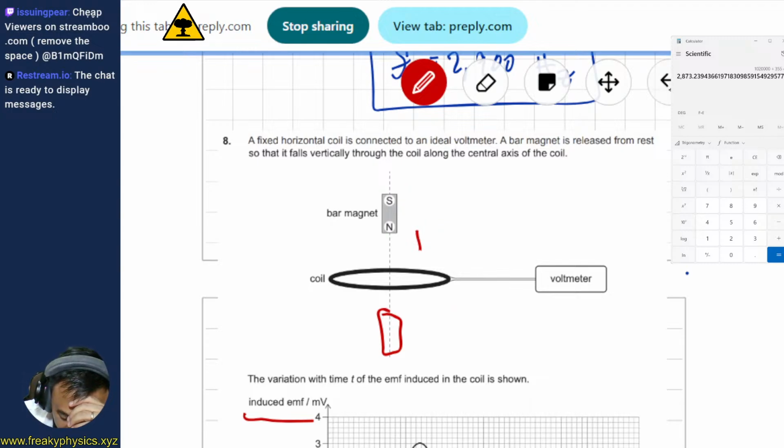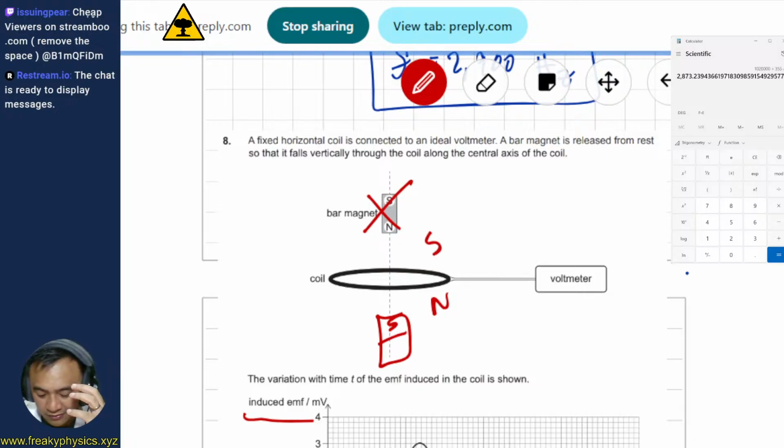However, once the magnet goes here, the south pole is here. This has to turn north and this has to turn south again, right? So in other words, it flips over. But as this falls, the rate of change, actually no, it still falls faster here though.